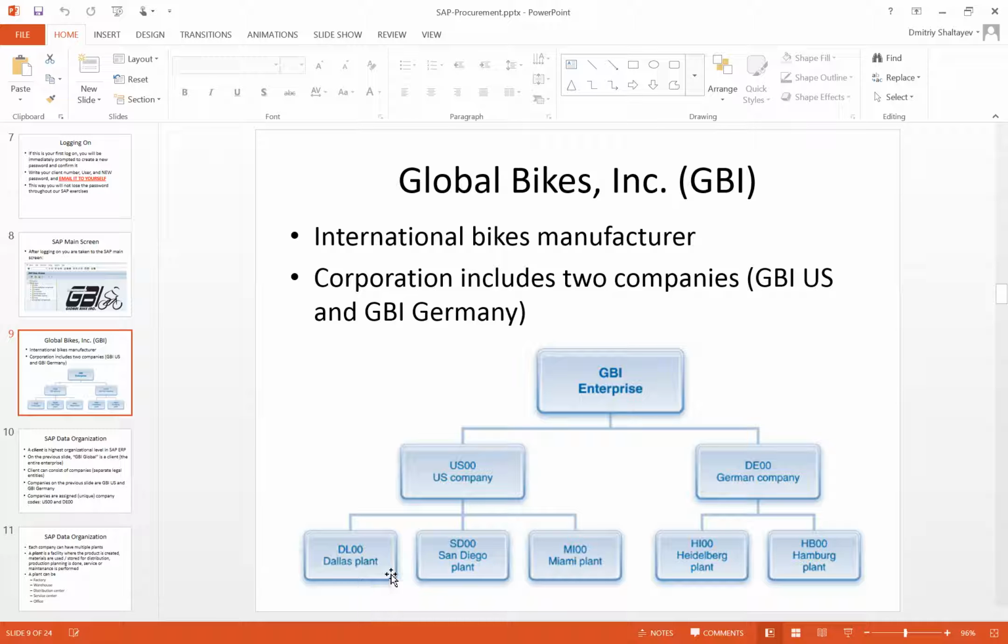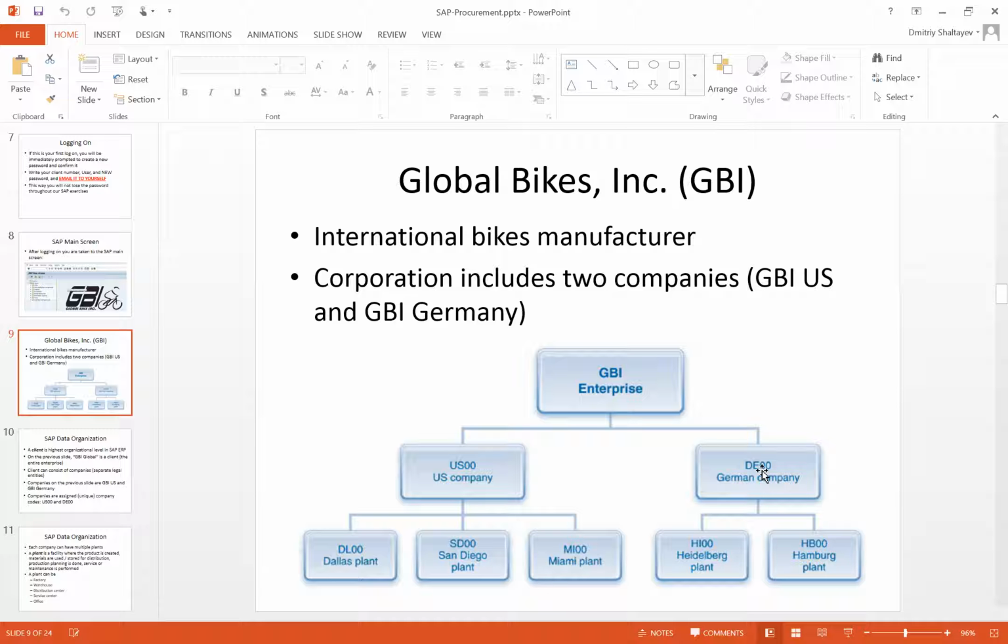And there is a third one, the Dallas plant. This is a factory, so they buy raw materials such as frames, wheels, handlebars, and they assemble bikes, and later the bikes are distributed either to the San Diego or Miami plant, and from these two locations they're sold directly to the customers.